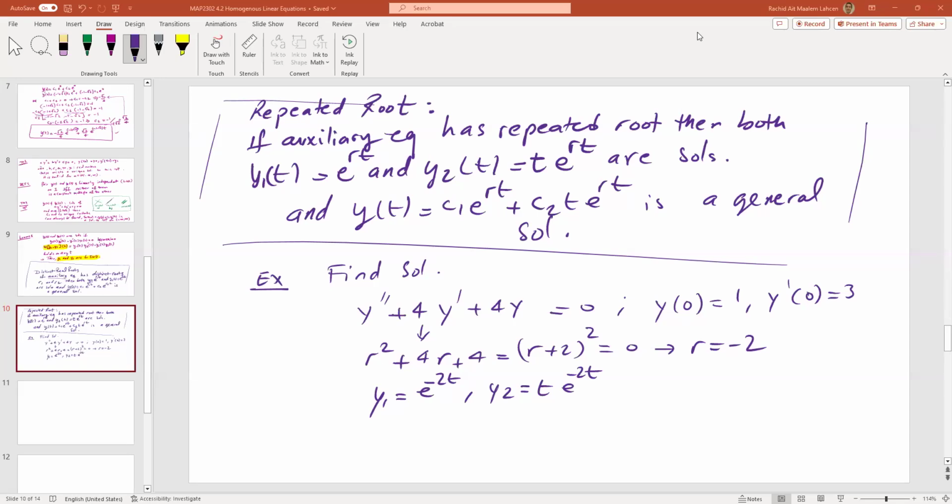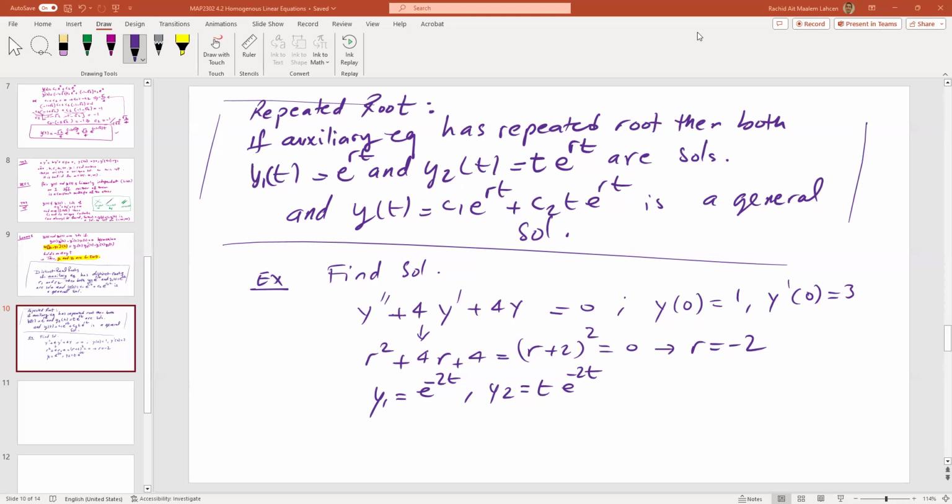So you will say, I have the function, let's say y2, and I can find its first derivative and its second derivative. What if I plug the first one, second one, and the function into the equation? Will I get 0?